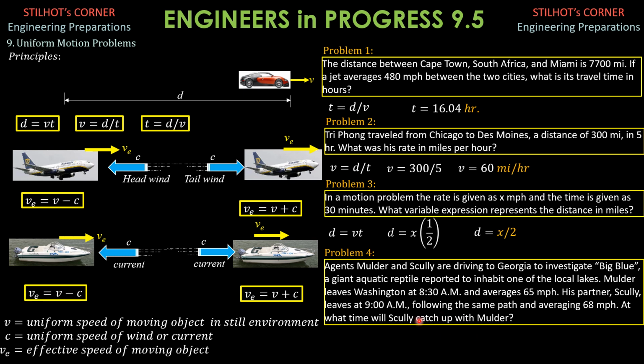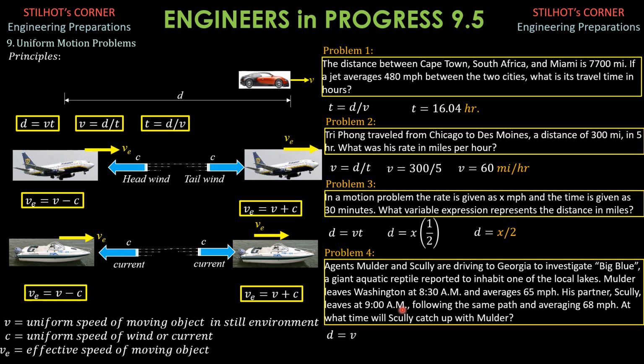Remember that Scully leaves Washington at 9 a.m. So his travel time is 30 minutes less than the travel time of Mulder. So 30 minutes is also 1/2 hour. In order to catch up with Mulder, the distance of the two should be the same.